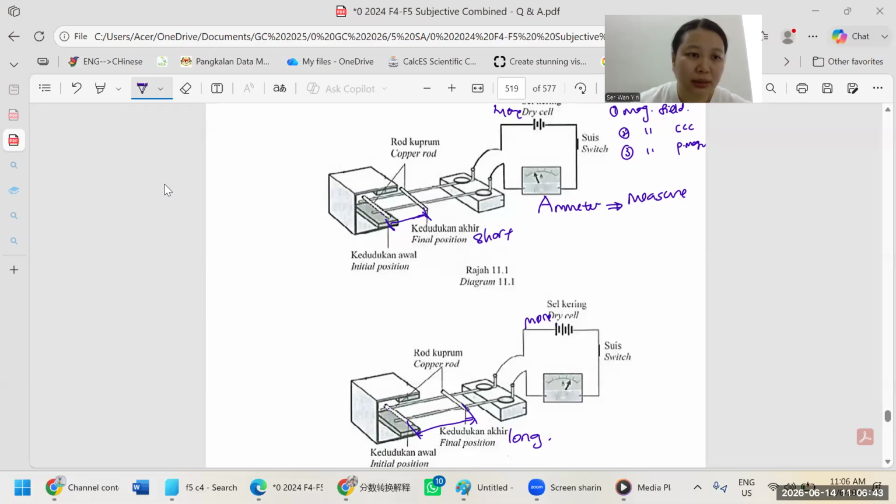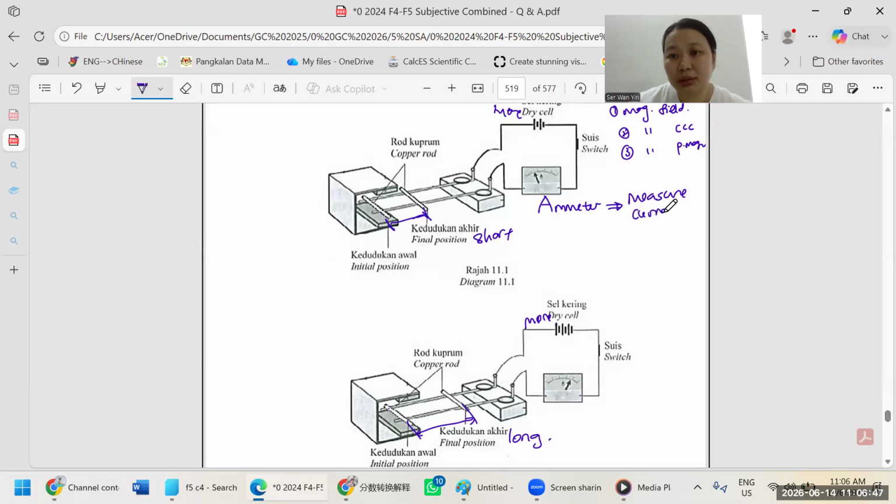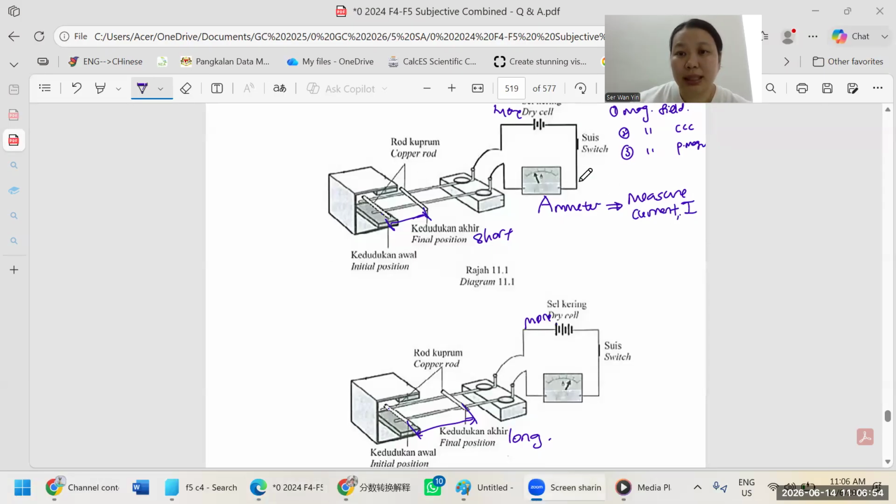Thank you, Ethan. Thank you, Christopher. Yes, measure current. From the A.